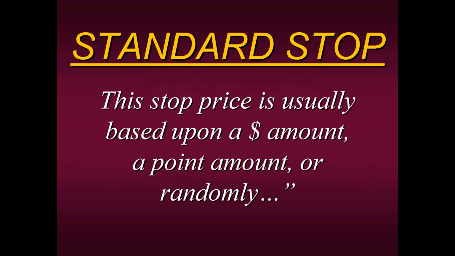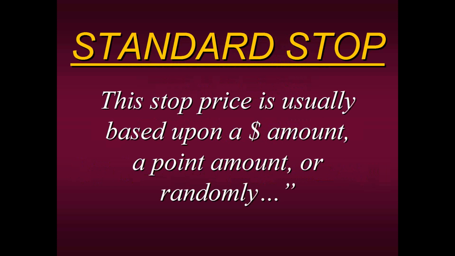This stop price is usually based upon a dollar amount, okay? Let's say we only want to risk so many dollars of our account. So that's what determines where our stop's going to be. Or a point amount. We decide that stock shouldn't go down or up this amount of points. That'd be way out of its norm, so I'm going to place my stop a little bit beyond its realm. Or lastly, randomly. Let's say you wake up, you feel good about yourself.